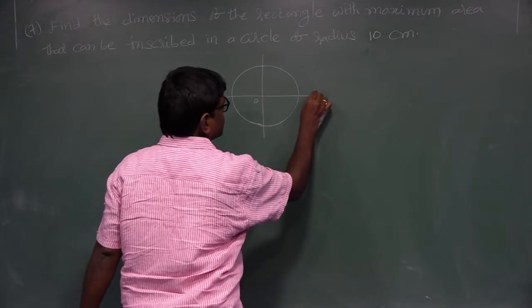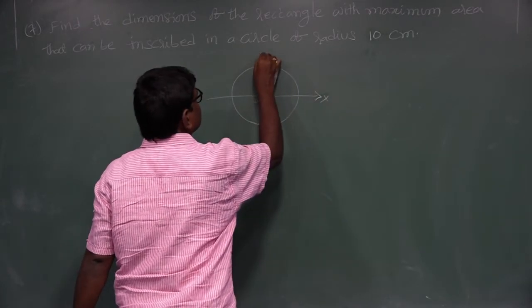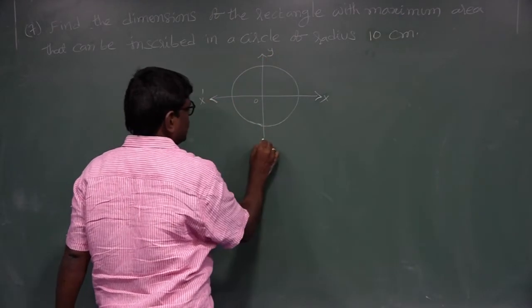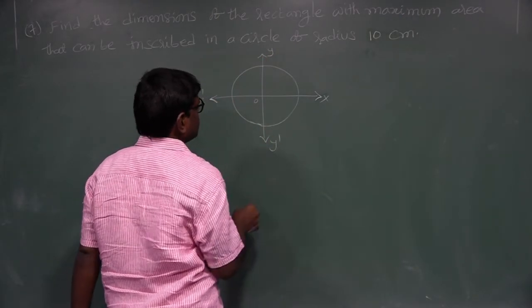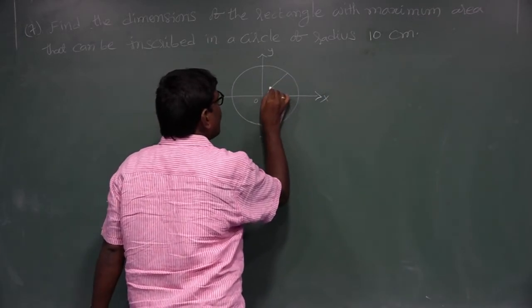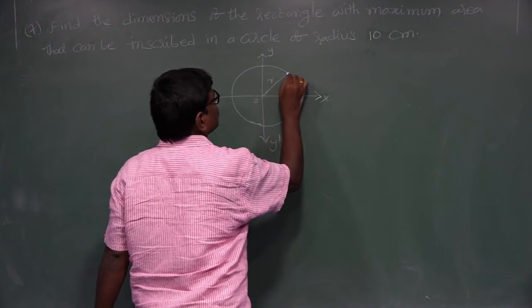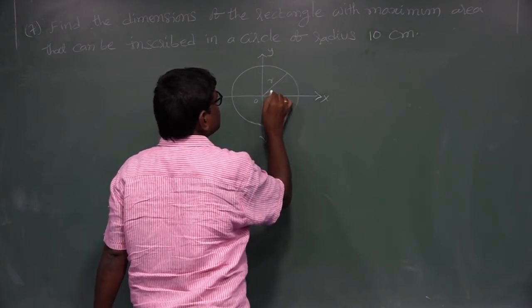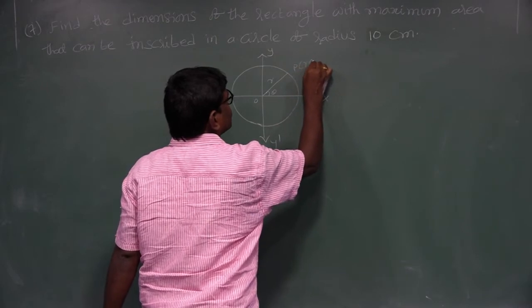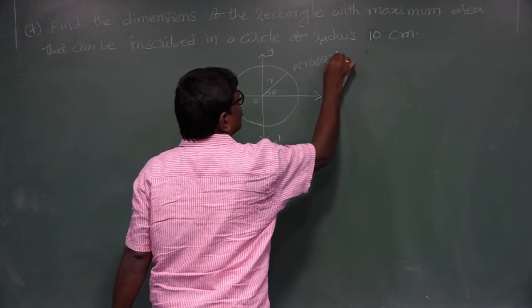This x-axis, this y-axis, this y dash, this origin, this radius or this point theta, P of r cos theta, r sin theta.